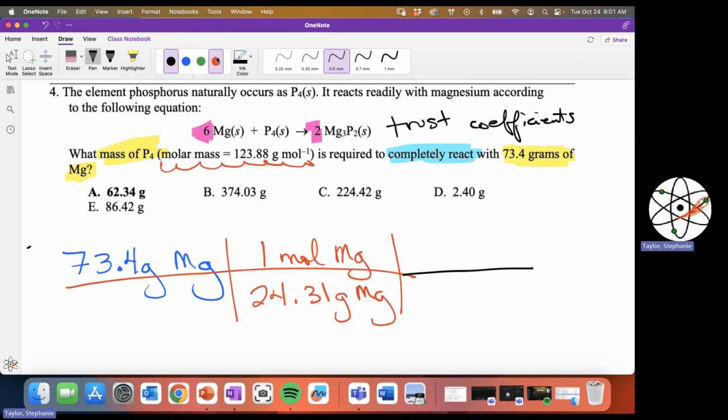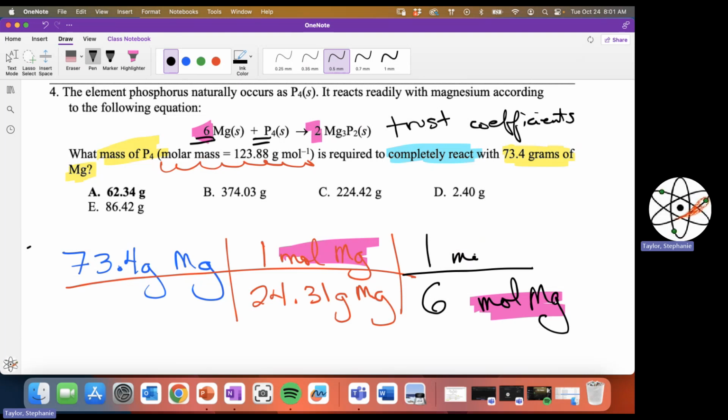Whatever I have up here, I need down here. So I have moles of magnesium up there, therefore I need moles of magnesium down here. I'm going to look at my balanced chemical reaction. I have 6, whatever's in front here, and I'm going to go to phosphorus in 1 mole of phosphorus.